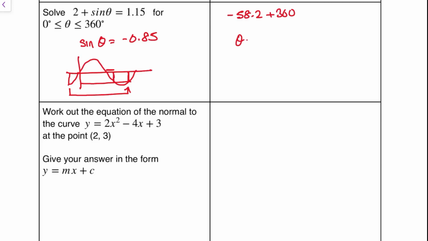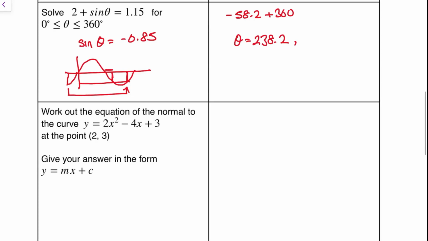Let's do it carefully. 180 plus 58.2 is 238.2, and 360 minus 58.2 is going to give me 301.8. Nothing in the question about number of decimal places. I would say at least 1 decimal place here. Don't need more than that, because 4 sig figs is sufficient.